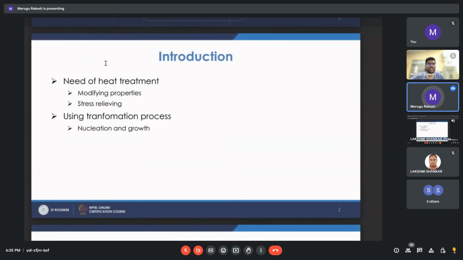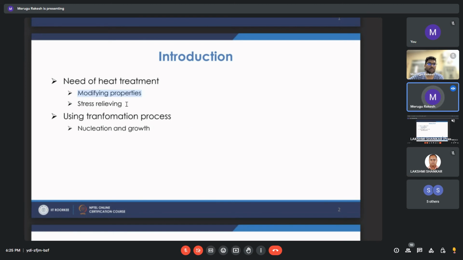First of all, the need for heat treatment. Most casting products need to be heat treated before they go into operation. One of the main purposes is modifying the properties, ensuring they are reliable and repeatable. That is what we have to focus on.